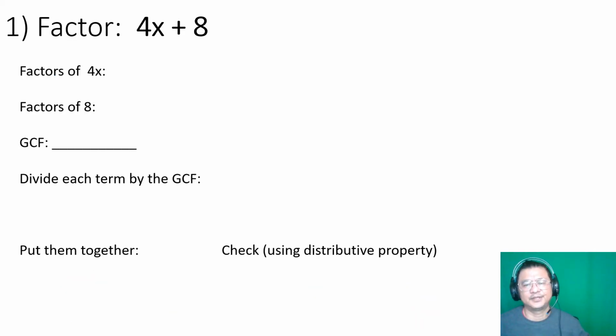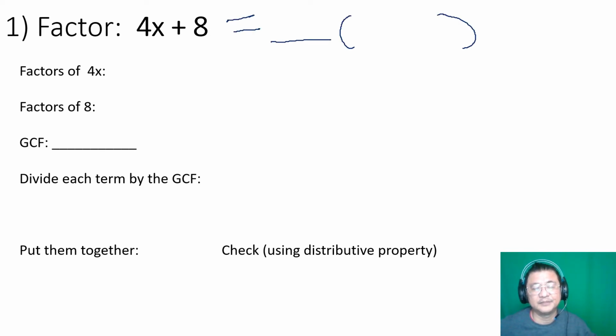Okay, so let's start with this. We will factor out 4x plus 8. Okay, what do we mean by that? At the end, we want to know what GCF will be multiplied by what parenthesis. Okay, let's start with 4x. 4 could be 1 times 4 or 2 times 2. Oh, that's the factor, but there's an x.